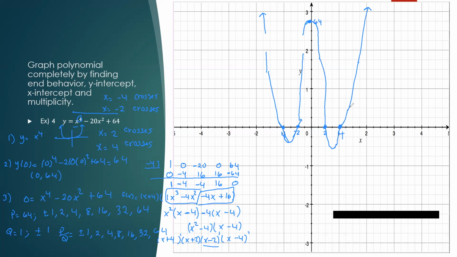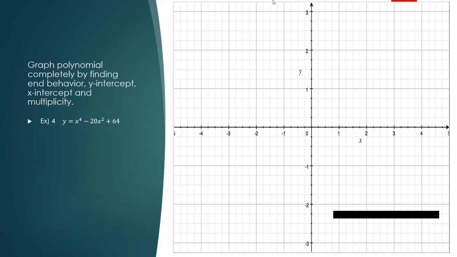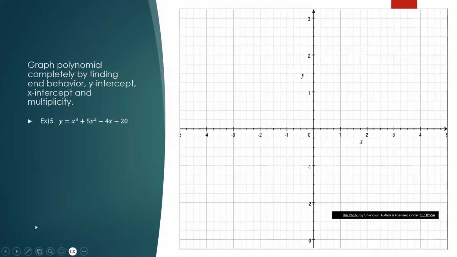Okay, let's do the last example. Example 5, we have y equals x cubed plus 5x squared minus 4x minus 20.